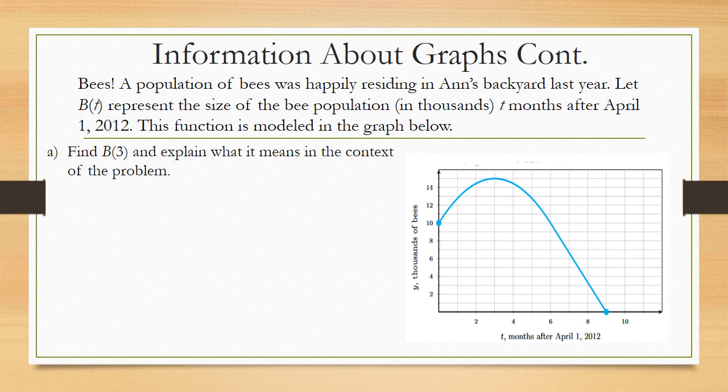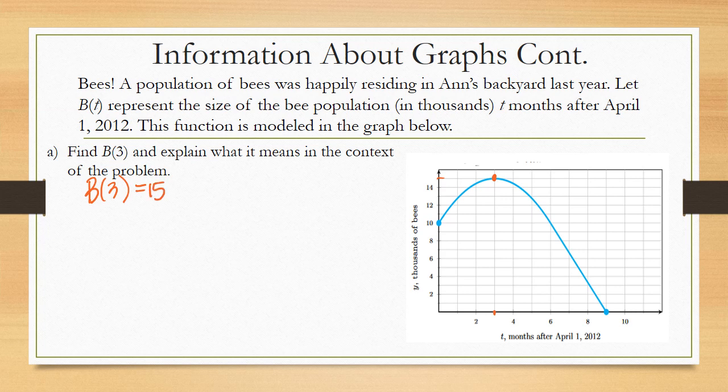Find B of 3 and explain what it means in the context of the problem. So B of 3 means we're inputting the value of 3, what output value happens. So when we have t of 3, we get right there on the graph, which is at 15. What does this mean?